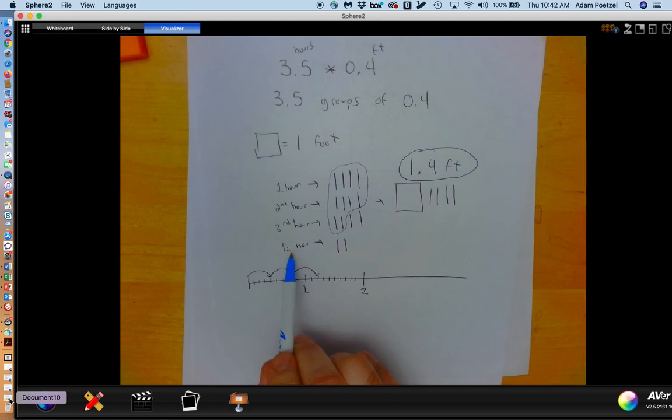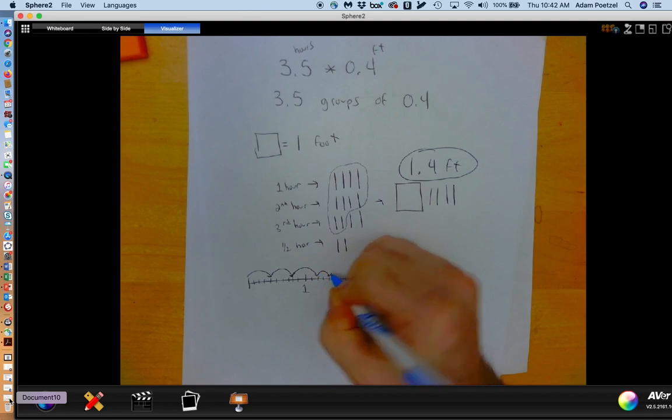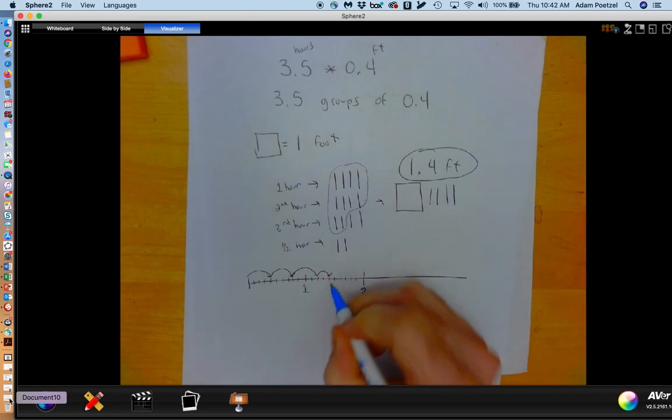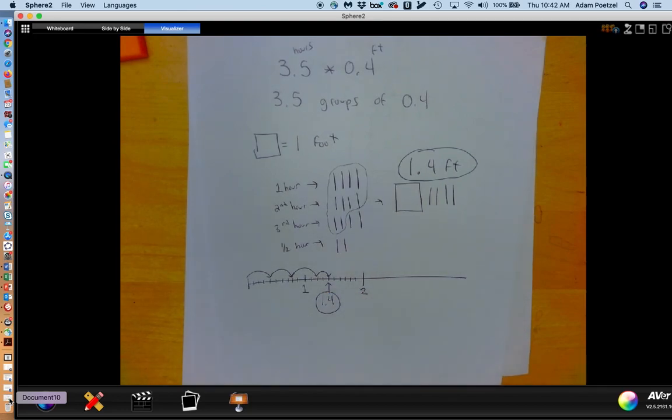And now we have that half hour, right? And a half hour would be half of what we jumped previously. So it would get us right there. So that's 1, 2, 3, 4. That would be 1 full foot and 4 tenths of the next foot. So again, we see 2 different visual ways to think about 3.5 groups of 4 tenths.